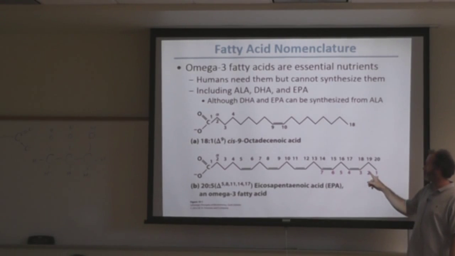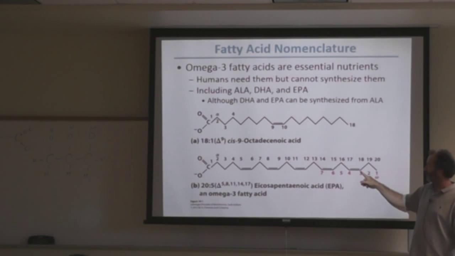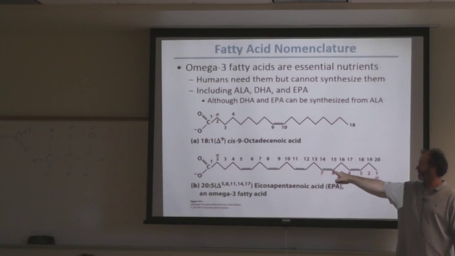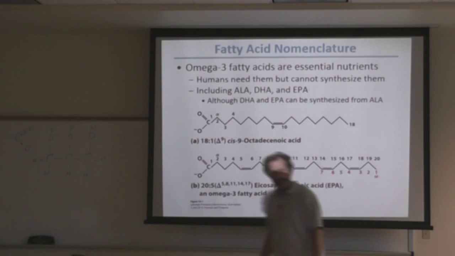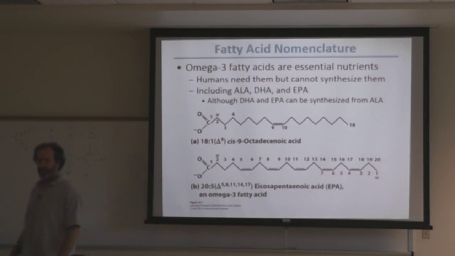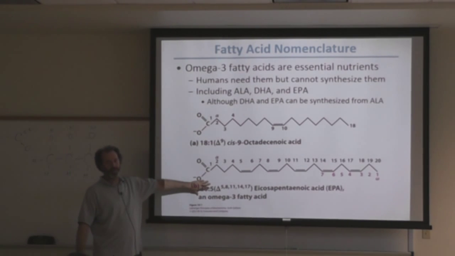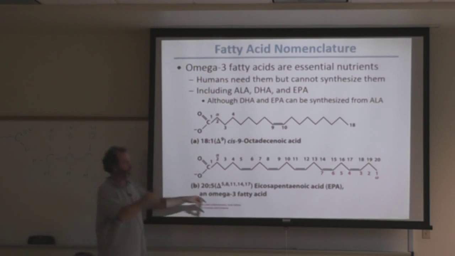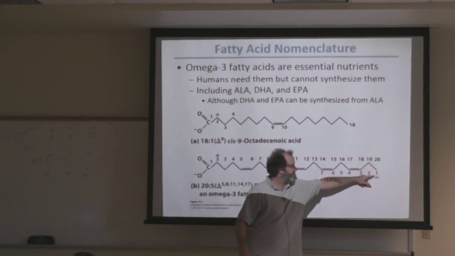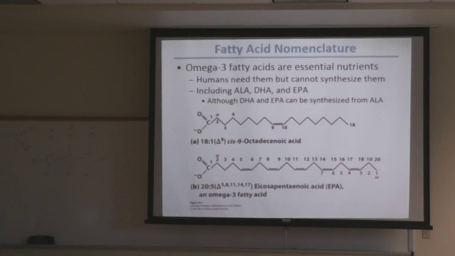So they call this the omega-3 because there's 3 carbons from the end. Omega-6s would have the double bond here instead. It would be named the other way too, that's why they have the numbers. This is the more official way to name fatty acids, but you've heard of omega-3 and omega-6s, and that's where that designation comes from, counting up from the omega carbon. Okay?